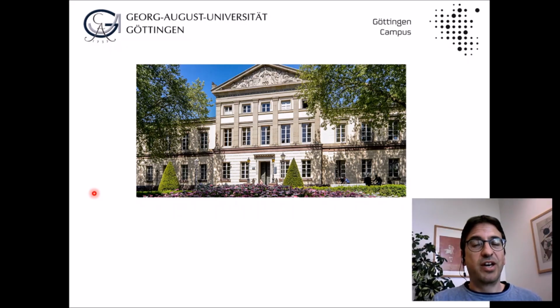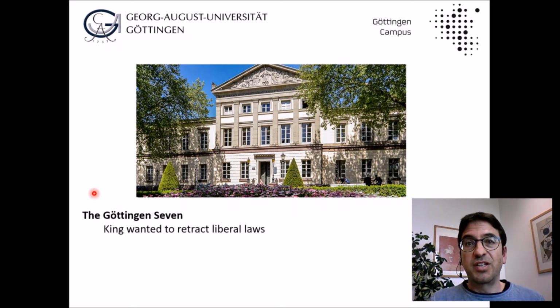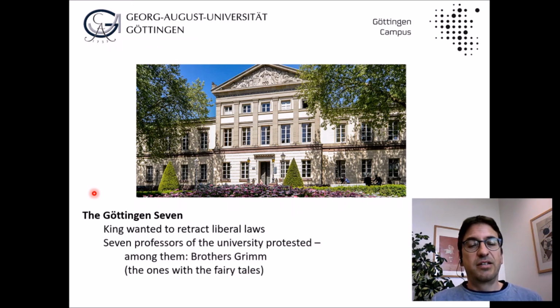Before I leave, I would like to add another fun fact of the university, the Göttingen 7. So 100 years after the university was founded, another king was in power and he decided to retract liberal laws from the citizens. And 7 Göttingen professors didn't want to accept that, and they protested against that and expressed their concern of reducing the citizen laws again.